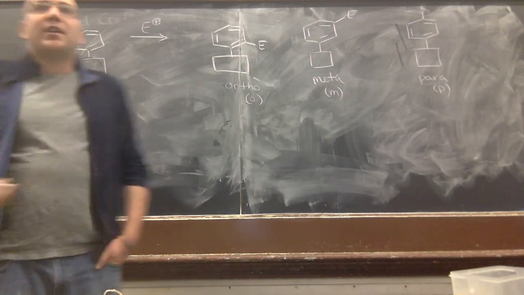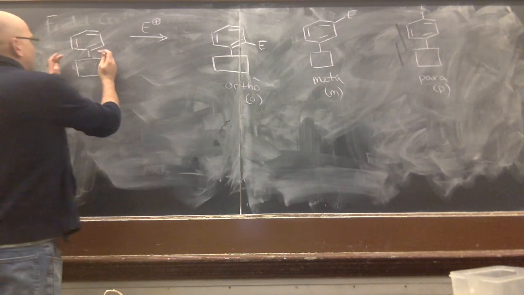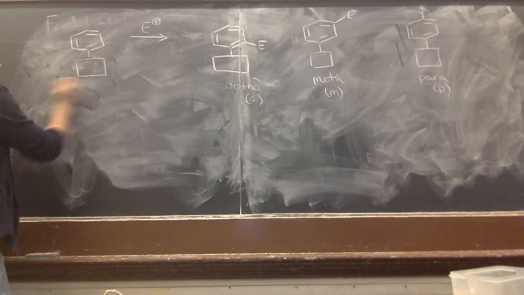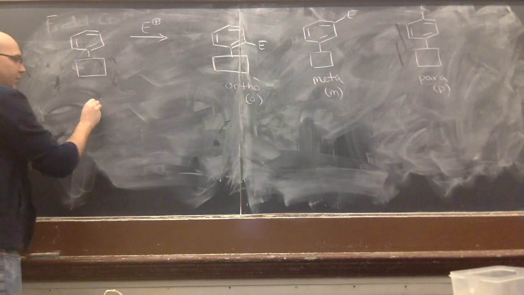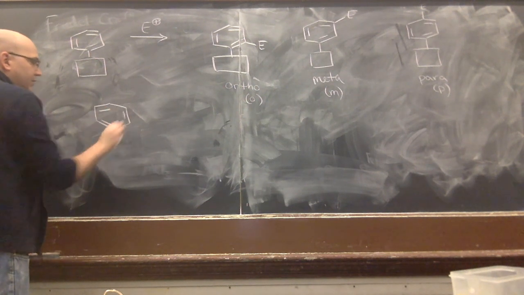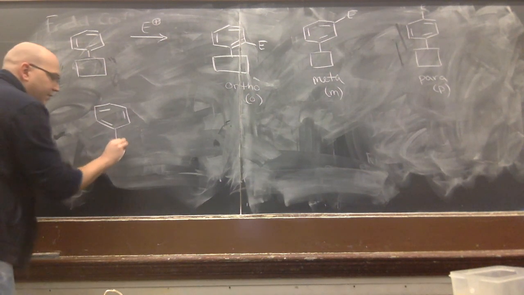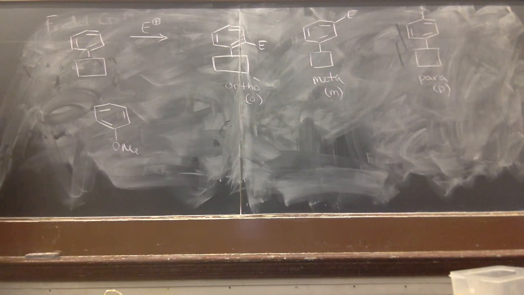Now, it turns out that electrophilic aromatic substitution is a fairly chemoselective reaction based upon what this group is. This largely comes down to what we were talking about earlier, but this is where you have to get good at drawing mechanisms. Say, for example, this is a methoxy, OMe.